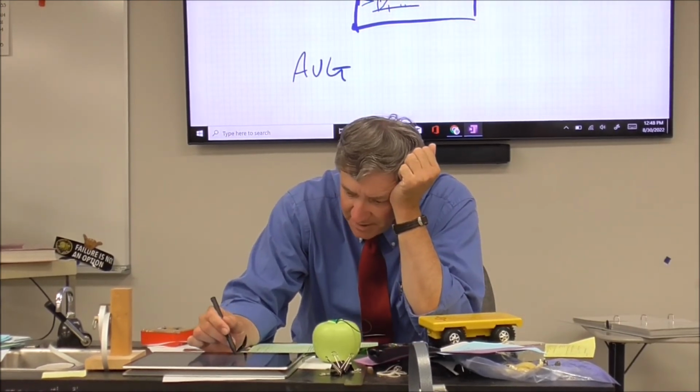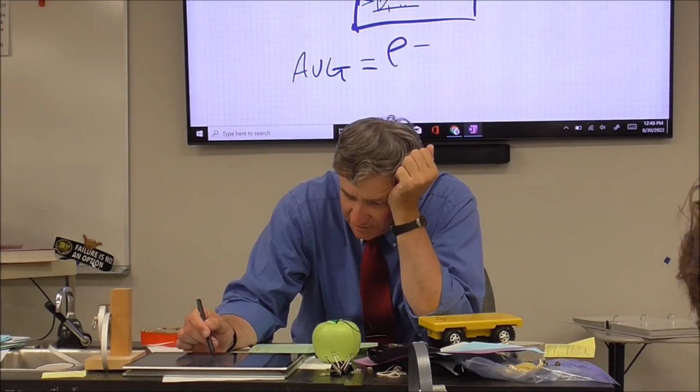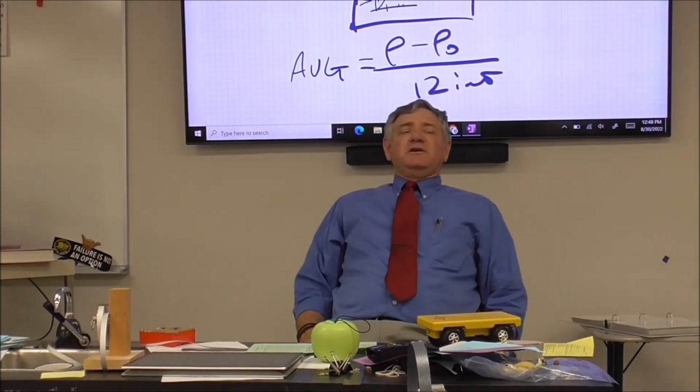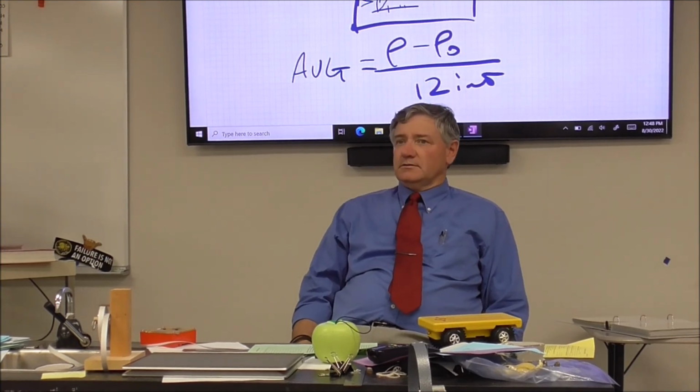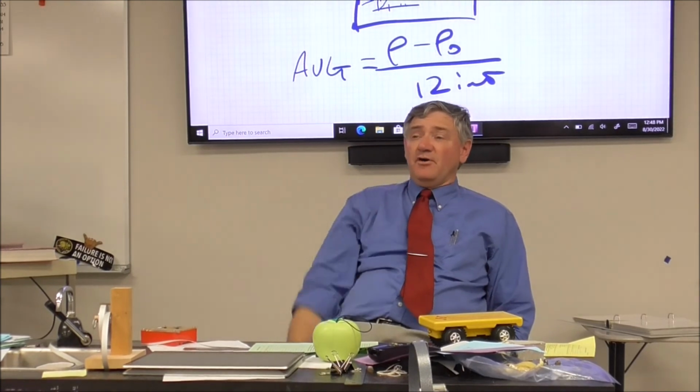Now, when you get to number 4, I say calculate the average velocity for the entire 12 intervals. So, here's how you're going to do this. It's a simple calculation. You're going to take your overall position final minus your overall position initial, and divide that by 12 intervals. How are you going to find your overall final position? Where are you going to look? Find the sum total of how far you went.